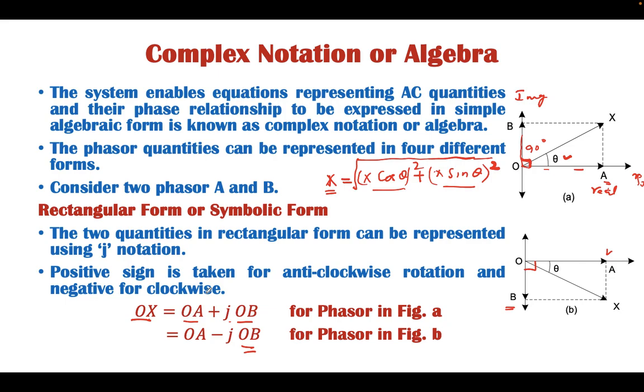OA will be x cos of theta, and OB is nothing but x sine of theta. When these two parameters are represented in this way, this is known as the rectangular form or symbolic form of representation of an AC quantity.